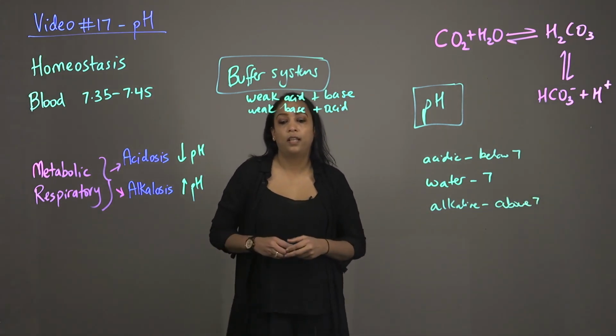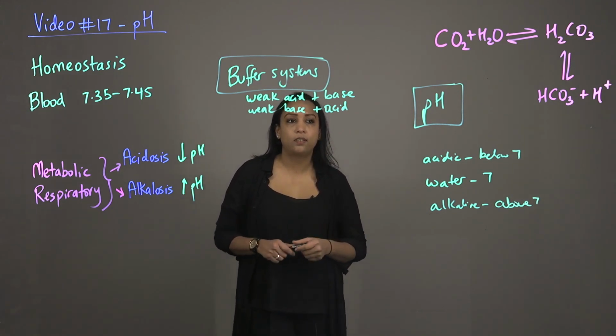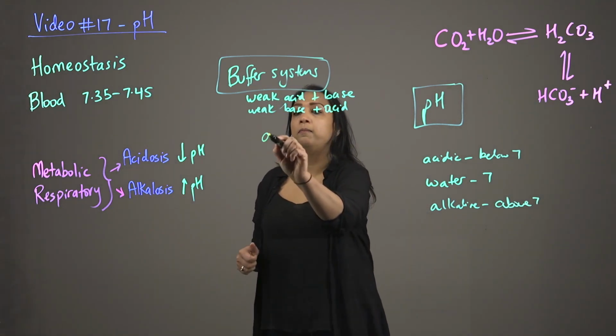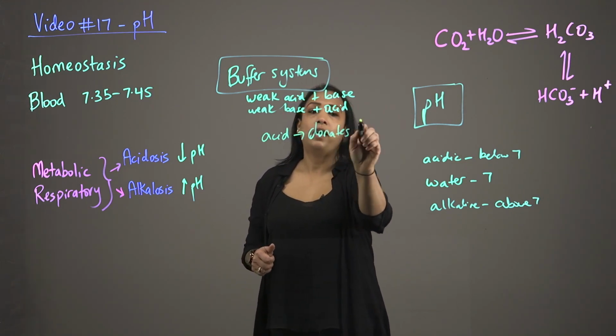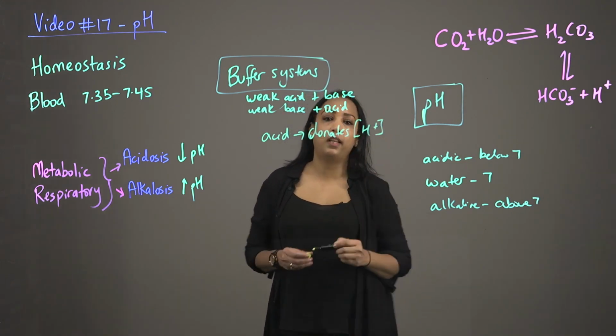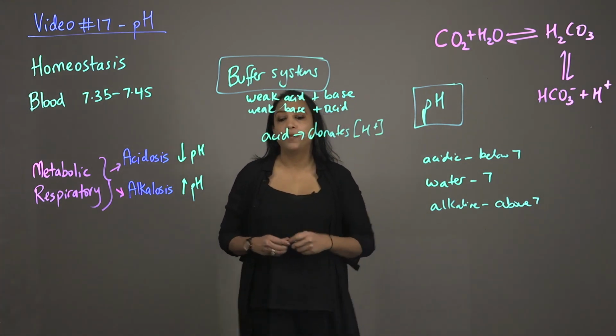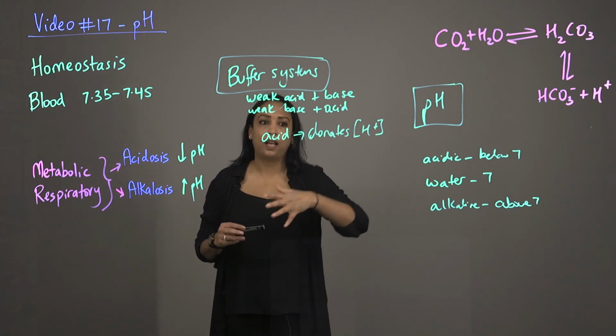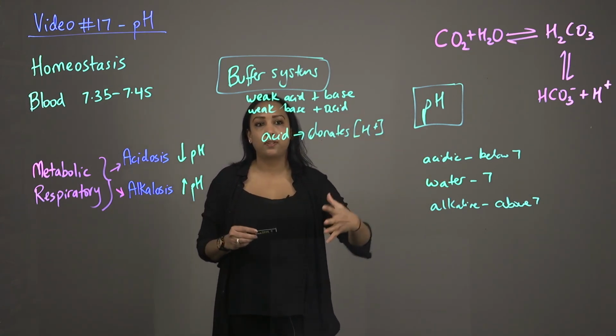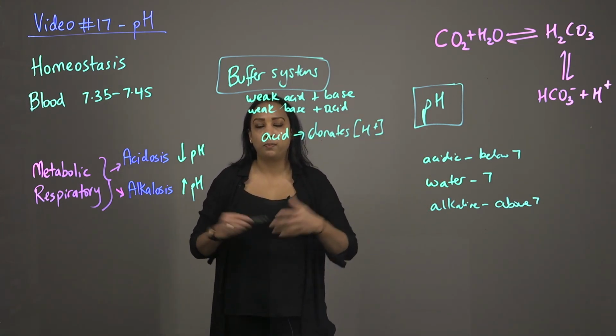So an acid is defined as a substance which donates H+ ions in concentration. So essentially, if we have a substance that is a proton donor or an H+ ion donor, this is considered to be an acid.